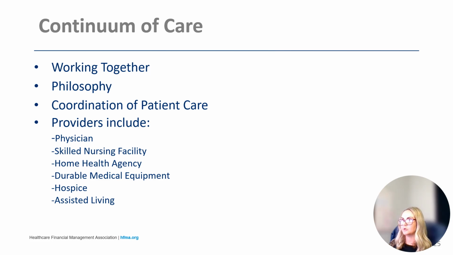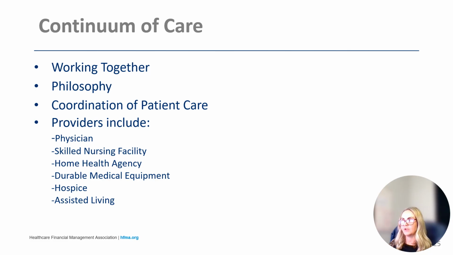Next, let's talk a little bit about the continuum of care. So this is a way of coordinating and linking healthcare resources, facilitating a seamless movement among care settings. So it seeks to implement linkages to connect patients who are leaving the acute care facilities and services.